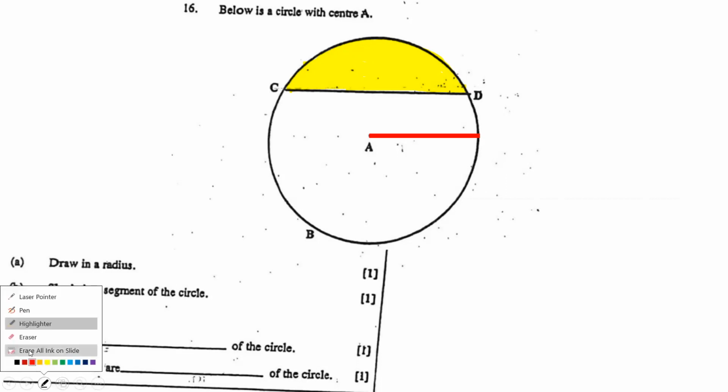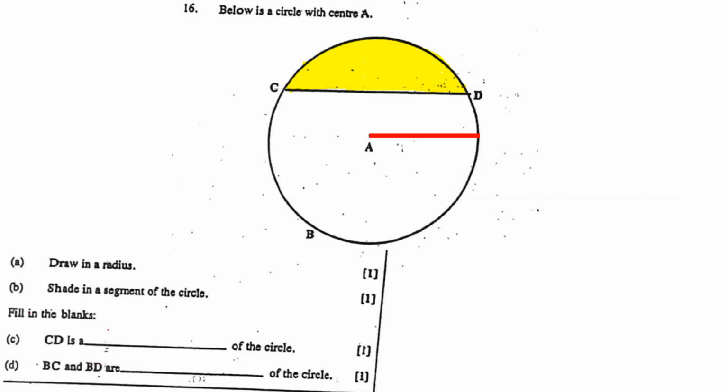That's C-H-O-R-D. And you know it's a chord because it goes from end to end. This is also a chord. This is also a chord. They start at one end of the circle and end at another. Yeah, that's a chord.